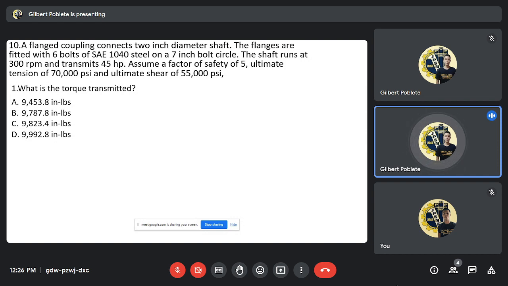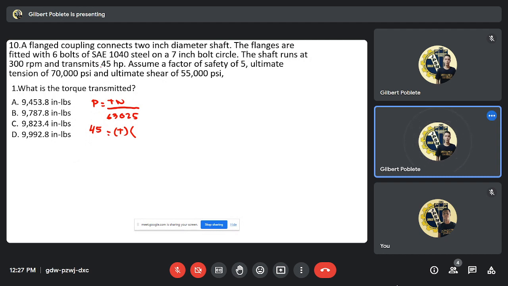So sa shaft, pwede natin gamitin yung hp equals to Tn over 63,025. Ayan, kanina. Kasi inch pound siya. So dito, meron tayong power na transmit 45 horsepower. Tapos meron tayong RPM na 300.